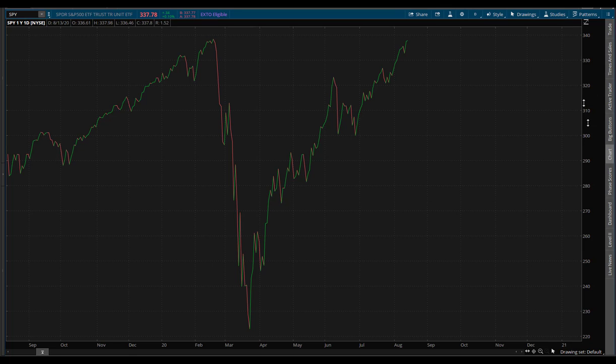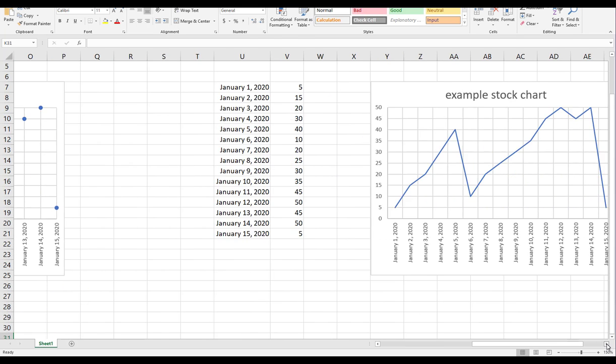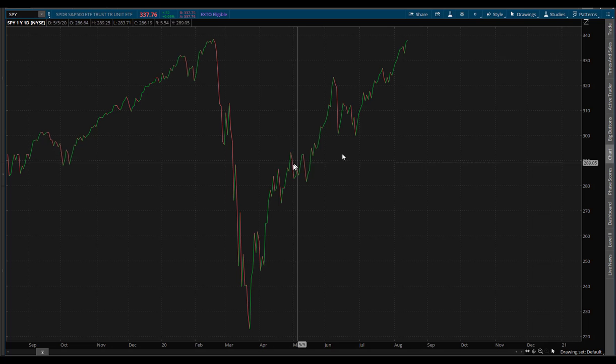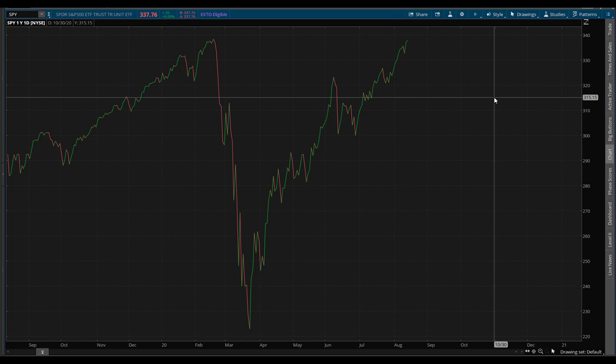Here's the prices, and here's the dates. They have a point every time, and it just connects them all. It has all these dots, and then they connect them together to make the chart. So this is how far back it goes, and this is the price.